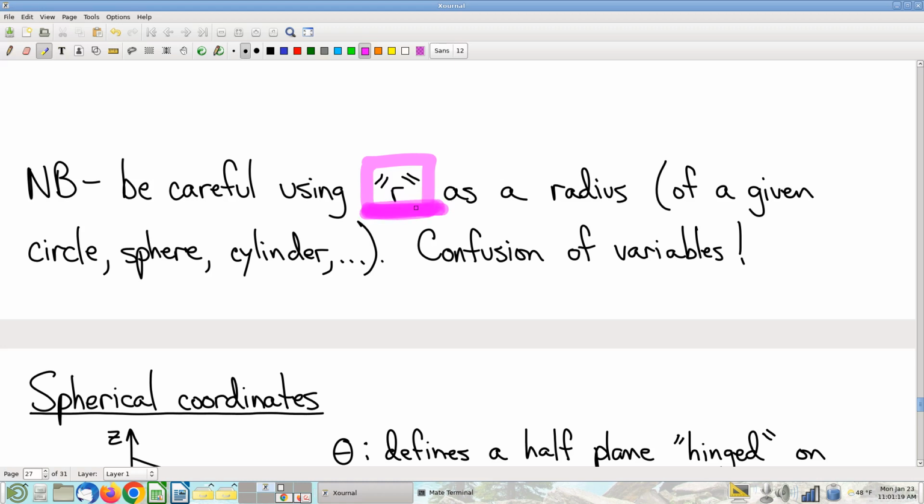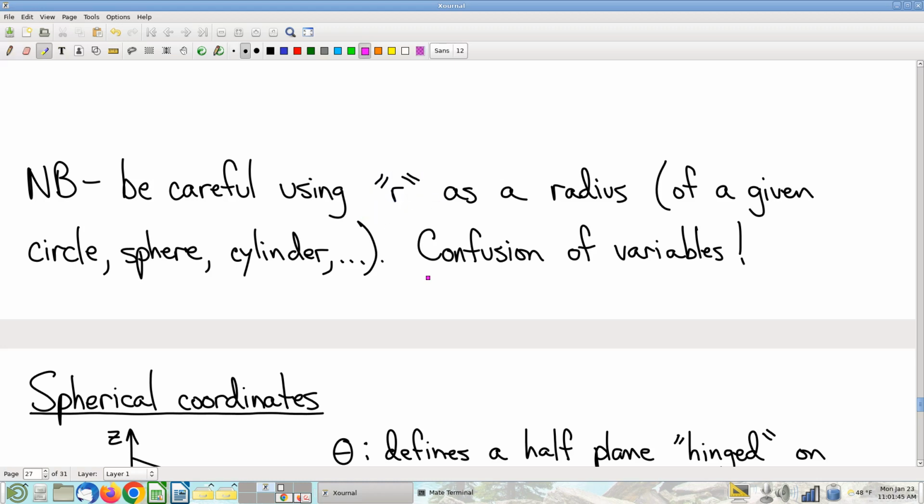Now it's a variable. Imagine if you were to talk about a circle of radius X, and I'm going to look in the XY plane at blah, blah, blah. Whoa, hey, slow down. You just confused your variables. You're using X now as a coordinate, and you're also using it to represent a constant describing something you're interested in for whatever reason. And that's a confusion of variables.